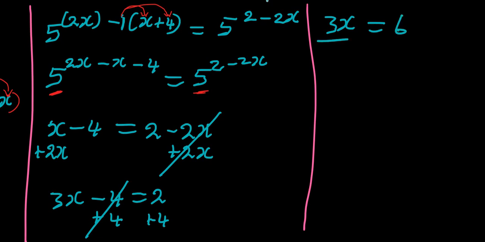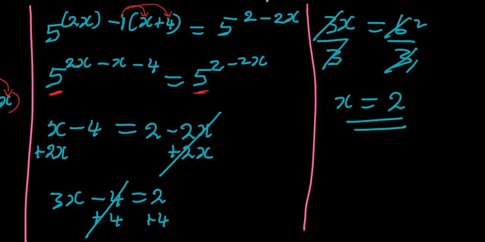So now we can divide both sides by 3. And 3 is going to cancel 3 from here. 3 divided by 3 is 1. 6 divided by 3 is 2. So the final answer is x is equal to 2. I hope this is also clear to you.